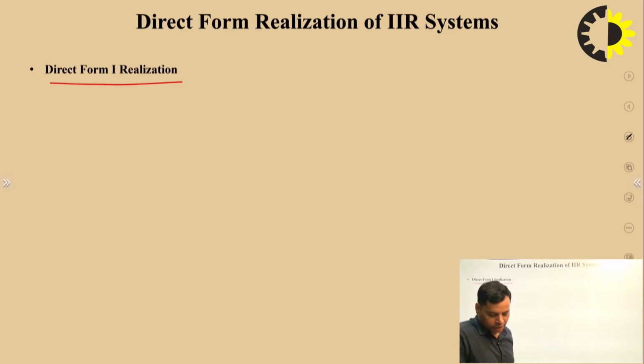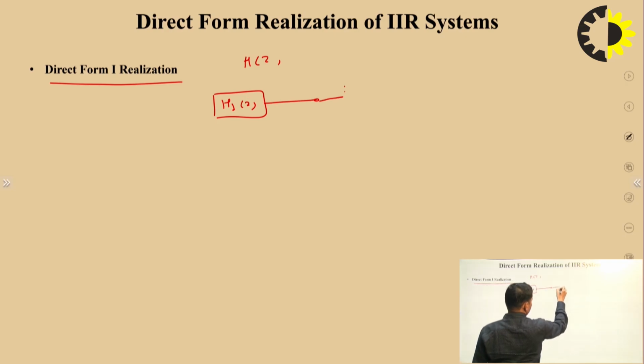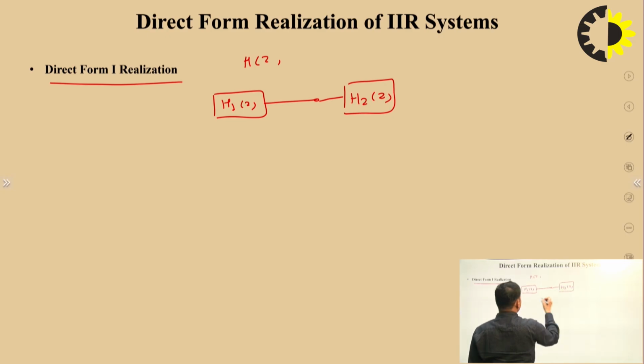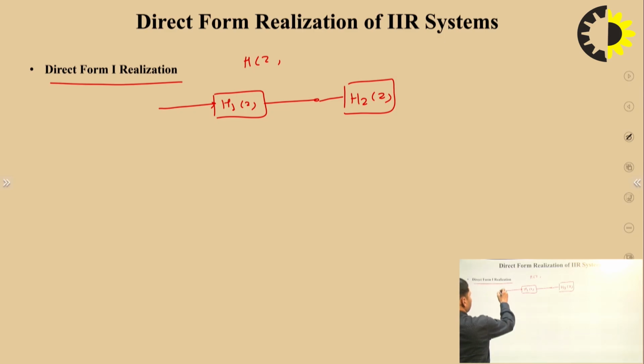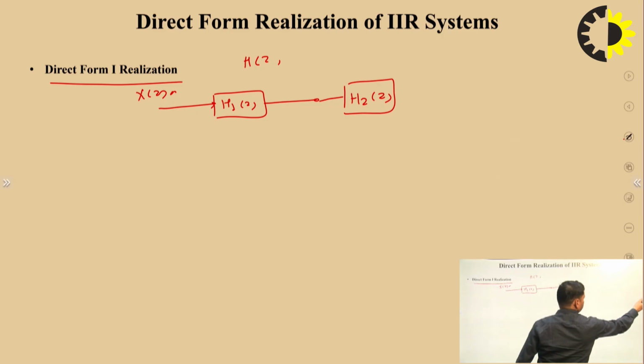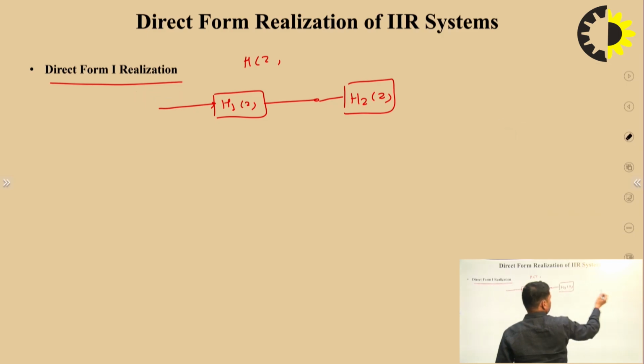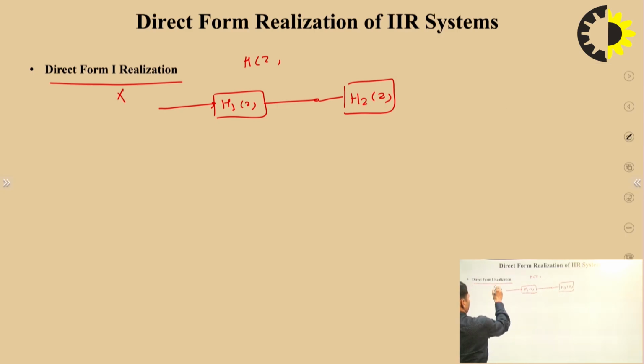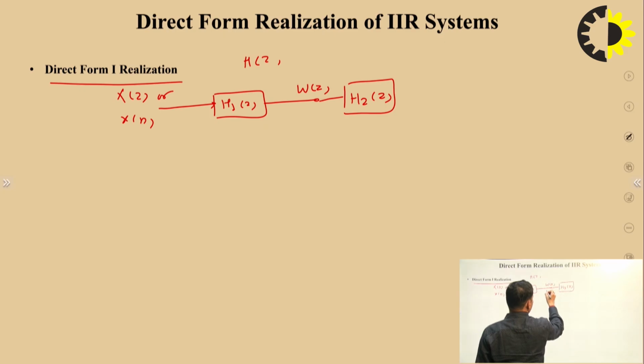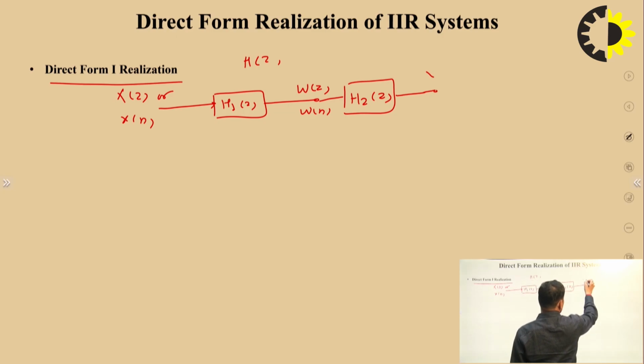In this process the filter can be realized with the help of H(z), the overall transfer function, which can be broken into two functions H1(z) and H2(z), where we have given the input X(z) or x(n), an intermediate term we have included w(n), its z transform is W(z), then we have to get the output Y(z) or y(n).